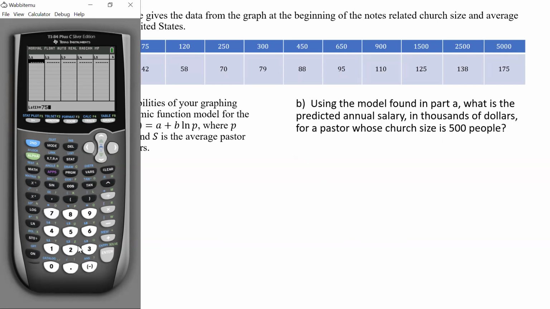So we have 75, 120, 250. Oh, and I also am doing it backwards. It says that our X on our table was our church size. So I am putting in church size.